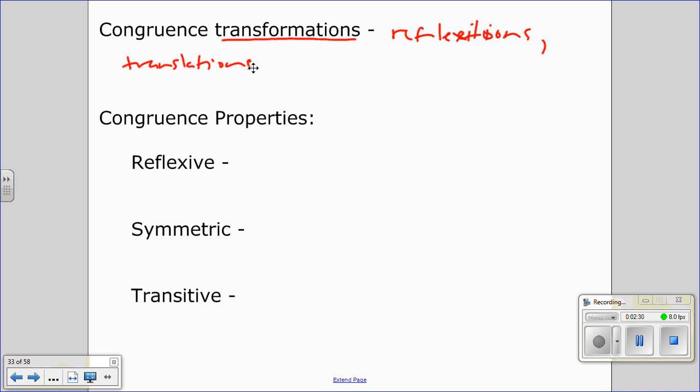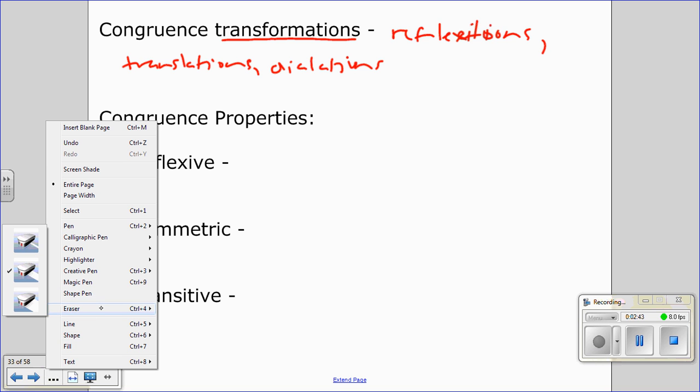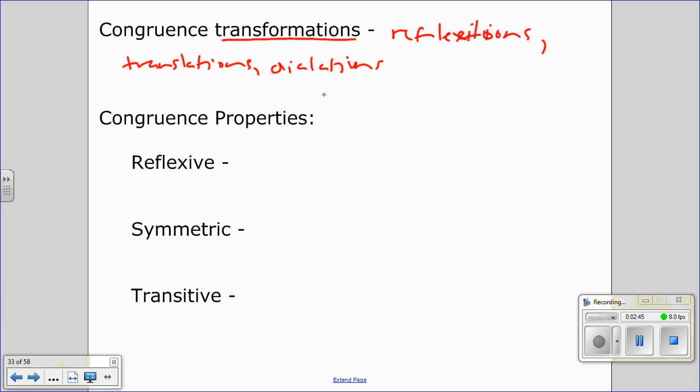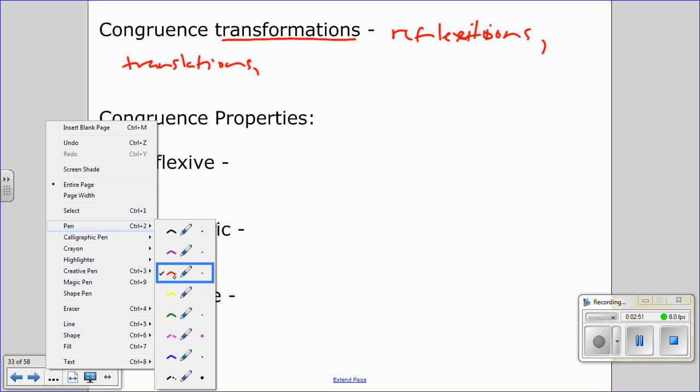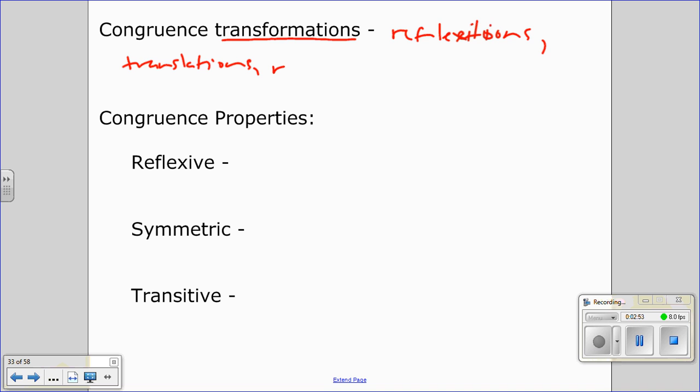Sorry, rewind. You have rotations. Those 3 will be congruent.